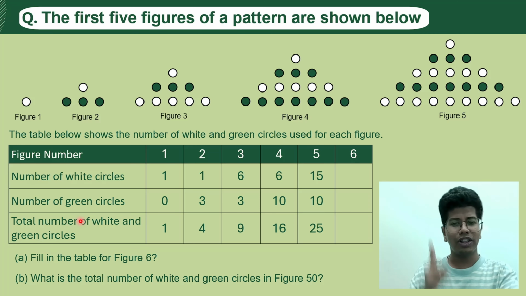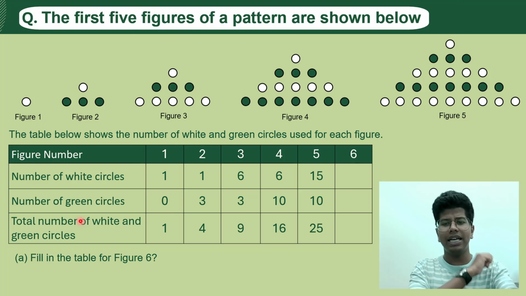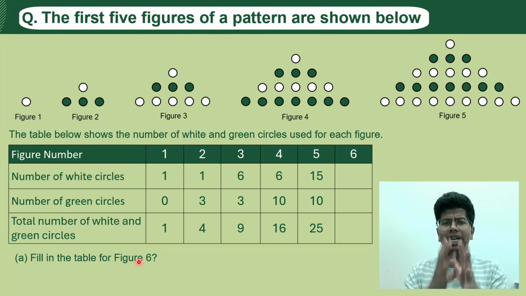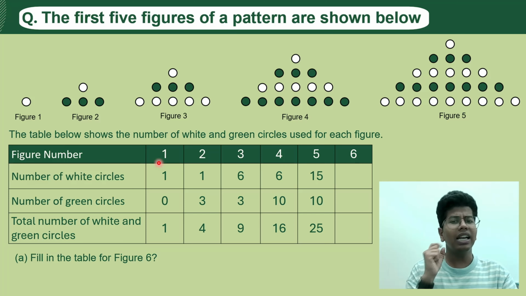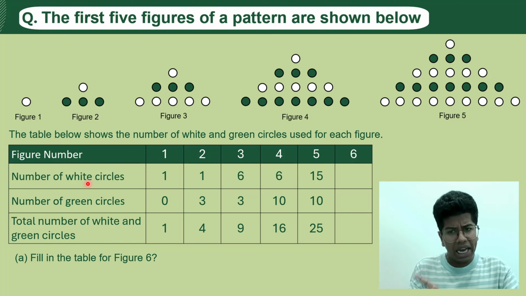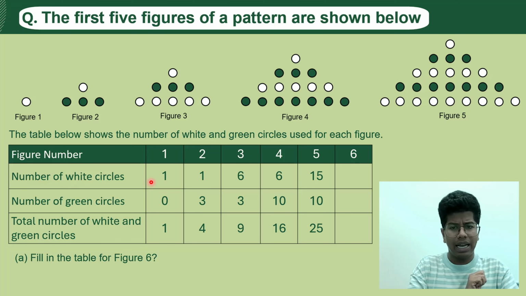Let's try to focus on the first part of the question, that is, fill in the table for figure 6. At first, let's try to understand the question. The table that is shown here has figure numbers 1, 2, 3, 4, 5, 6 and the numbers are given. The number of white circles in figure 1 is just 1.